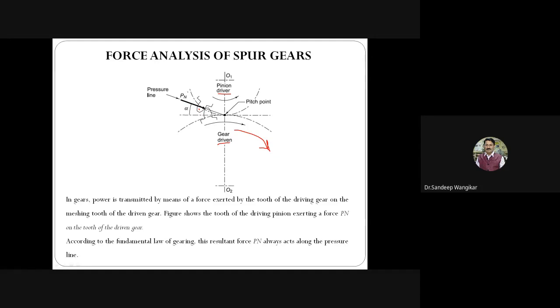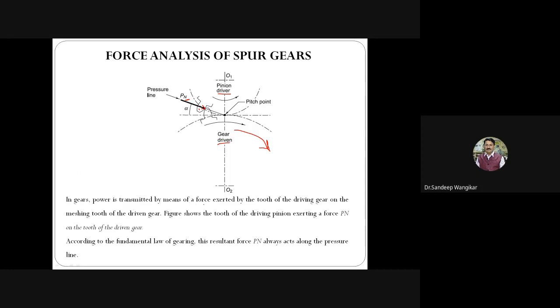So Pn is the resultant force acting on the gear tooth pair. The pinion, the driver, exerts the resultant force Pn on the gear, the driven, as shown in this diagram, and the gear rotates clockwise. Pinion rotates anti-clockwise and gear rotates clockwise, and the force is always along the pressure line. These are the two pitch circles shown, and the point at the center is the pitch point. So this is the force analysis diagram.